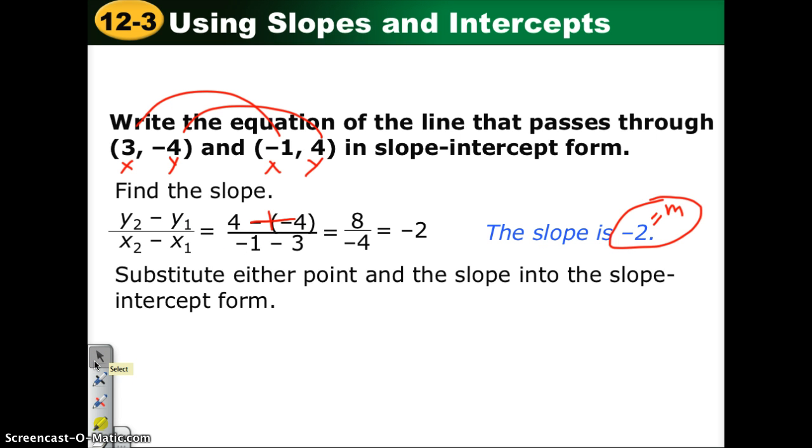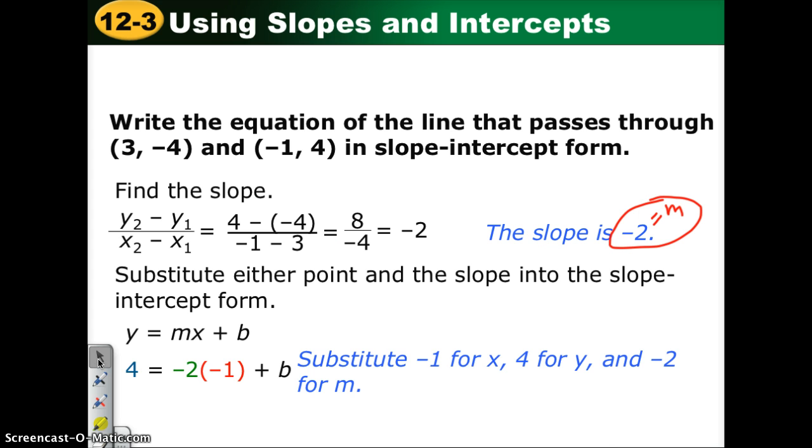So negative 2 would be our slope, which is what we call the letter m. The next step is to choose one of the 2 points and substitute in for x, y, and m. So if we choose the point (negative 1, 4), that means we don't need this point for any reason anymore. We get y to be 4, m to be negative 2, x to be negative 1.